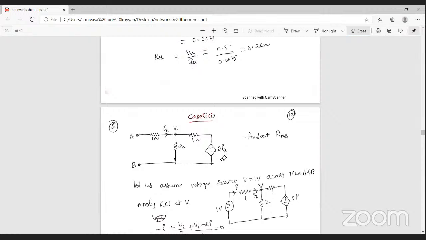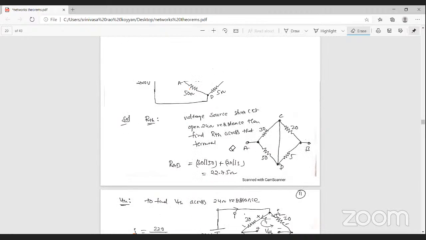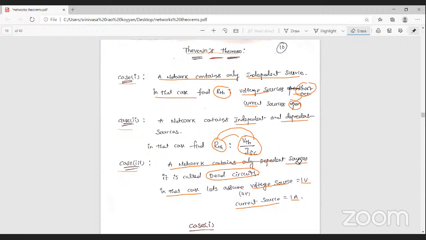Next one, case 3 problem. According to case 3, only a dependent source is there. This circuit with only dependent sources is called a dead circuit. So in this case 3 problem, only the Thevenin's resistance can be found, it is not possible to find the Thevenin's voltage.